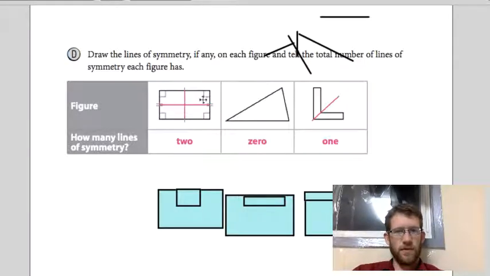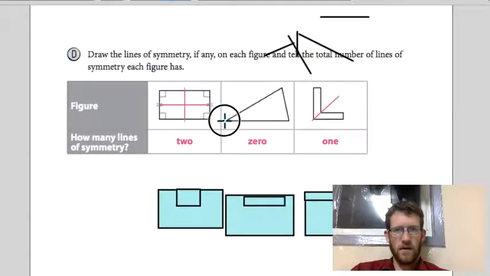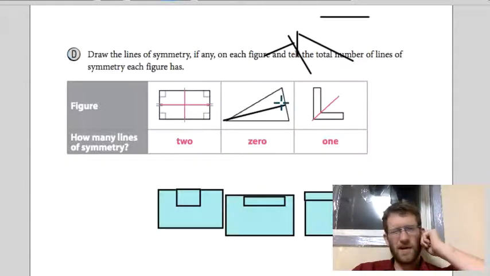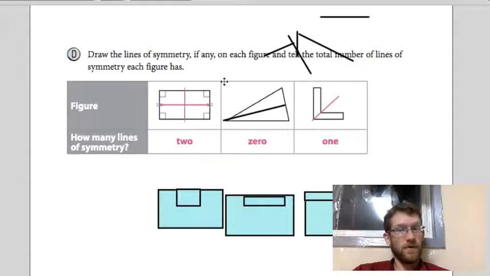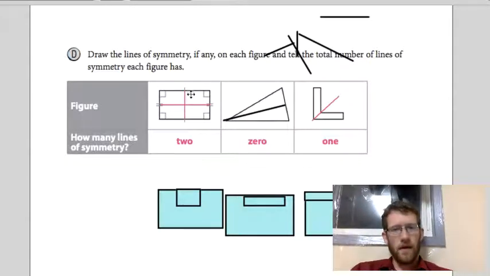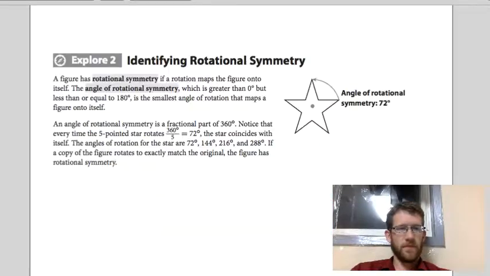So for this one, we have two lines of symmetry. For this one, you can make an argument that there's a line of symmetry here. It's hard to visualize, and I'm not sure the angles are 90 degrees, but either way. And for that last one, there's only one possible line of symmetry. So it is possible for there to be multiple lines of symmetry. A circle has infinite lines of symmetry, right?